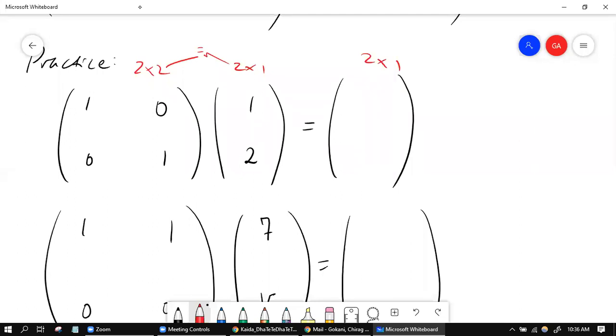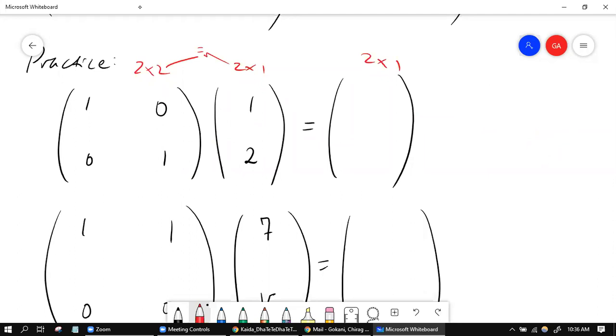If you're doing something right, you'll never have a 2 by 1 matrix multiplied by a 2 by 2. These numbers will always be the same. That's just the way nature works. It's actually really interesting.